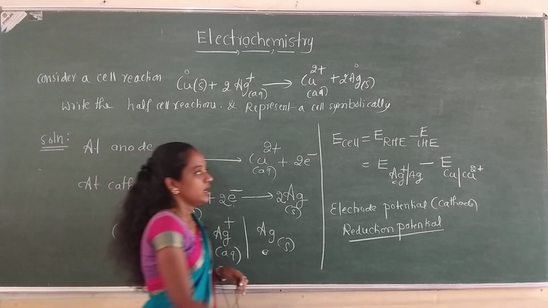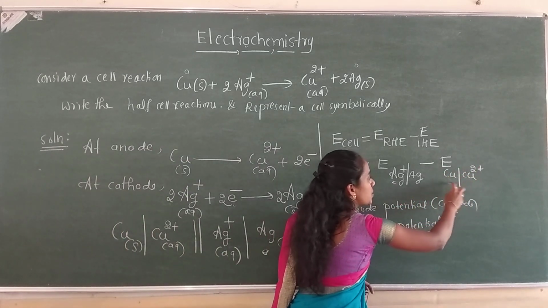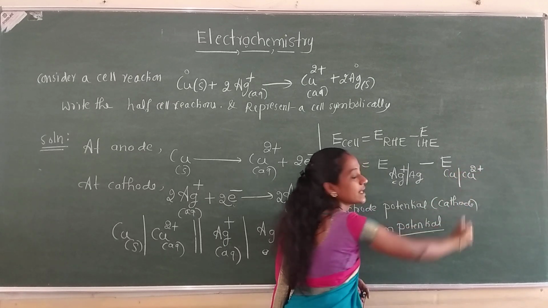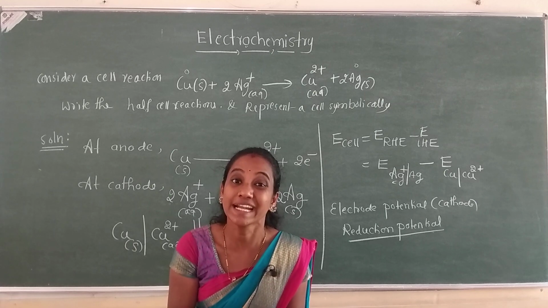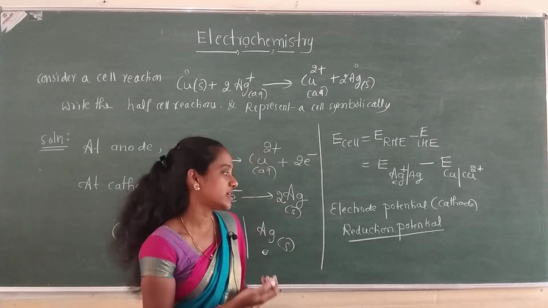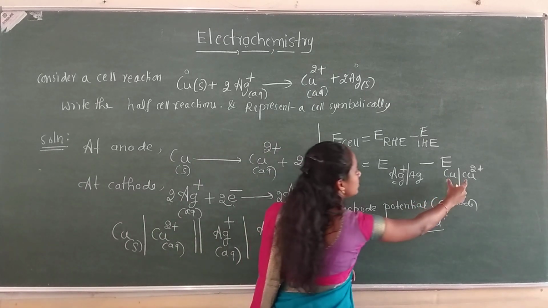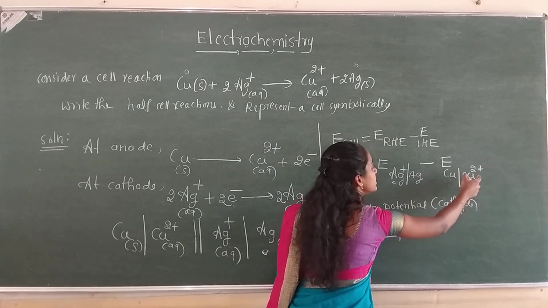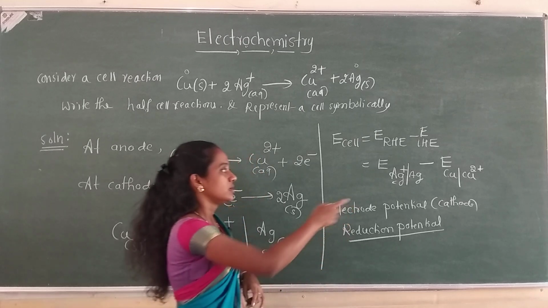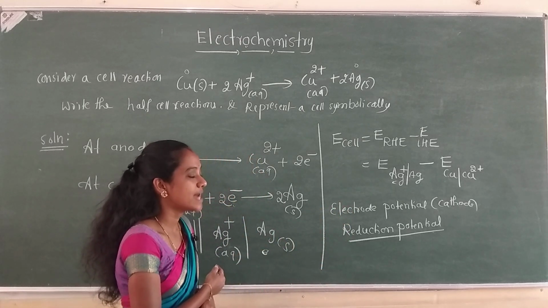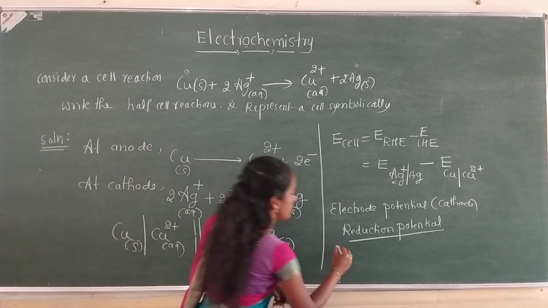So, instead of electrode potential, we can also say oxidation potential, because copper has a tendency to undergo oxidation. So, in specific, electrode potential can be termed as oxidation potential.